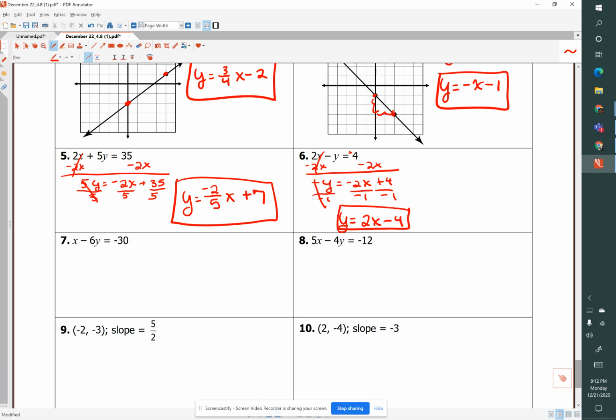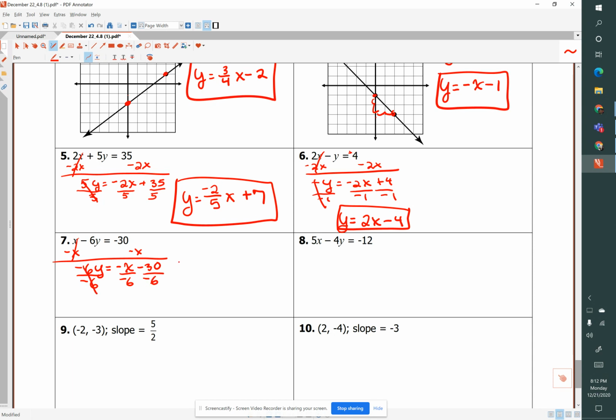And again, number 6, we will start by subtracting x from both sides of the equation to leave us with -6y equals -x minus 30. And everything needs to be divided by -6.